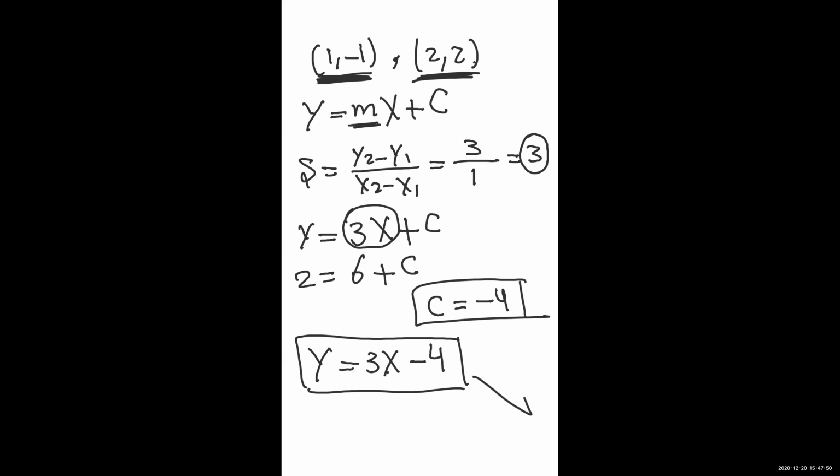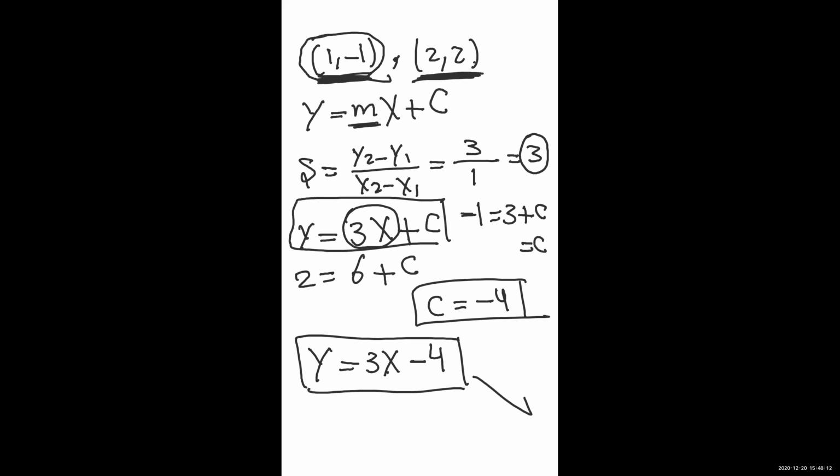Also, guys, if I use the other point, because maybe you will ask why we use 2 and 2. Can we use the other one? Yes, of course. So y here is -1. Substitute in this relation: -1 will equal 3x. X here is 1, so 3 plus c.